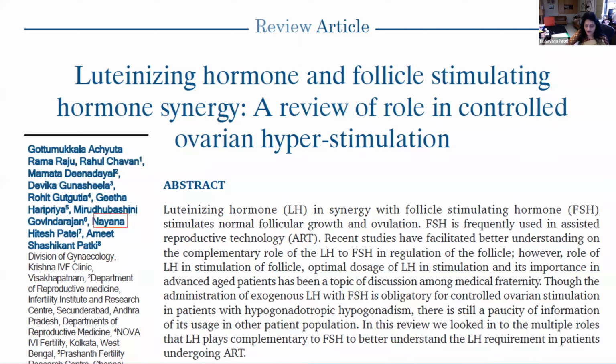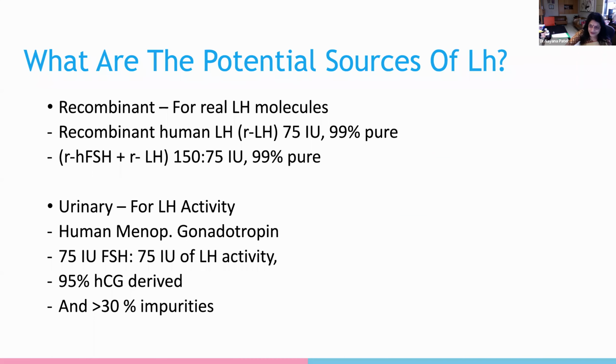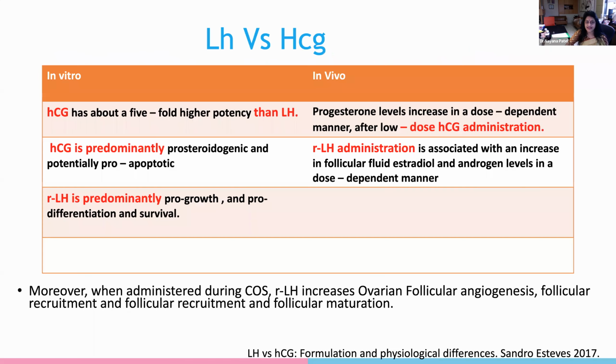This was our own review study where we found out that LH in synchrony with the FSH stimulating hormone is necessary for normal growth and ovulation. Which LH to use? Recombinant LH, yes, because in the highly purified there is 95% HCG, and the HCG, if you see in vitro action, is 5 times more potent.